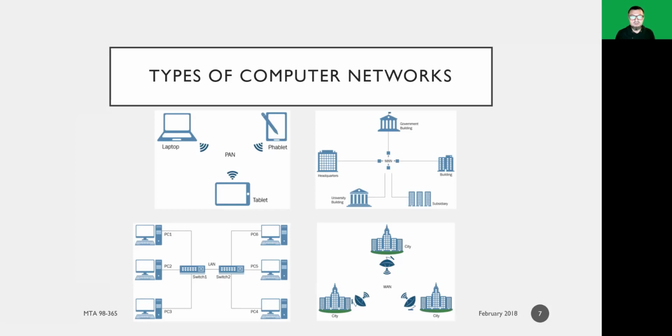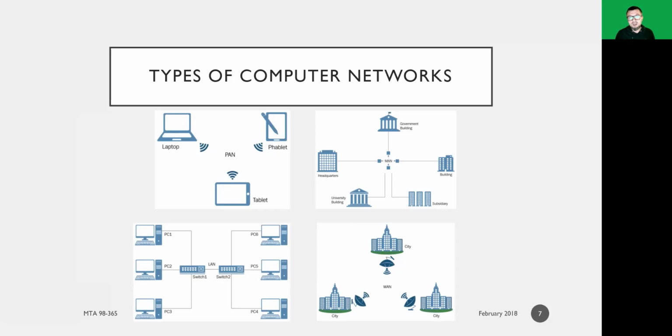From the perspective of the topologies and technologies used and the way we access network services, we have the personal area network. This type of community network is all about the personal. Why personal?